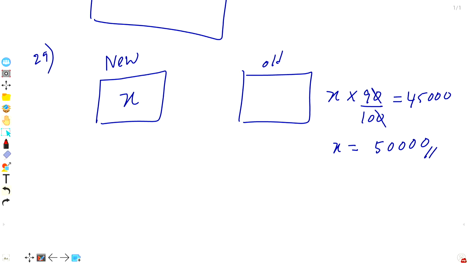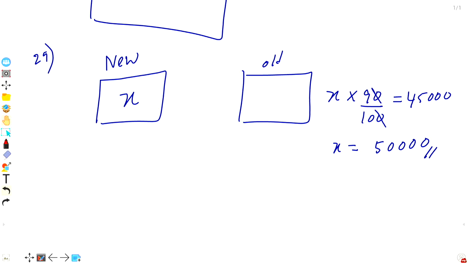So you do 45,000 over 100, not by 10, you count the zeros. The result you get, you subtract from 45,000, giving you the answer of B. If the car in the advertisement costs 45,000, times that by 10%. That's how much you paid.